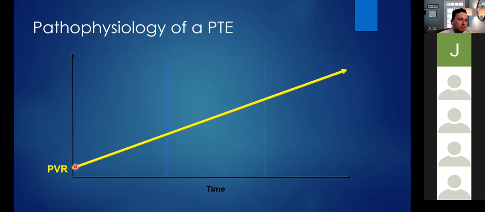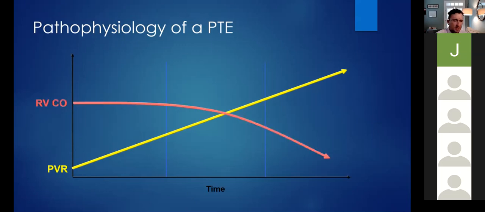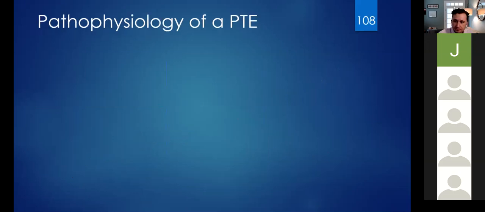The PE occurs, and we have a quick acute increase in pulmonary vascular resistance. And this isn't enough time for our right ventricle to remodel or hypertrophy to counteract these increased pressures. So you're going to have relatively quick failure of your right ventricle as the PVR increases.